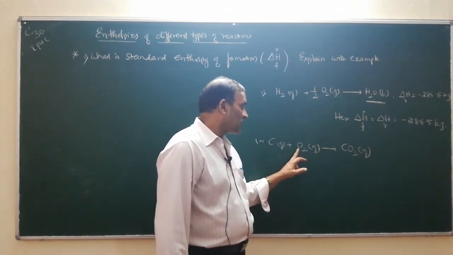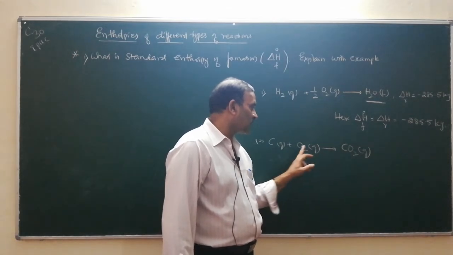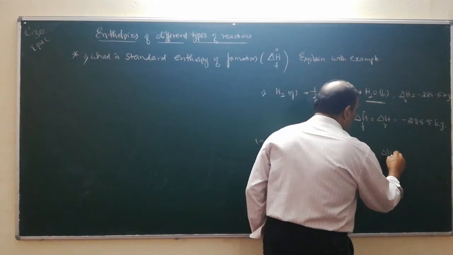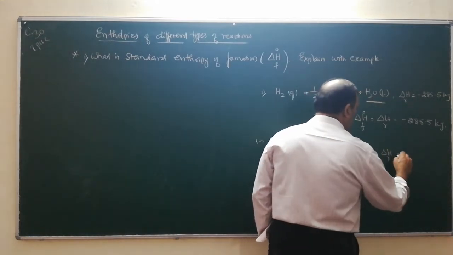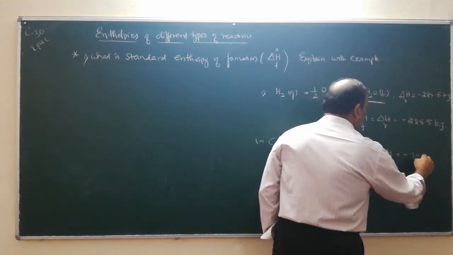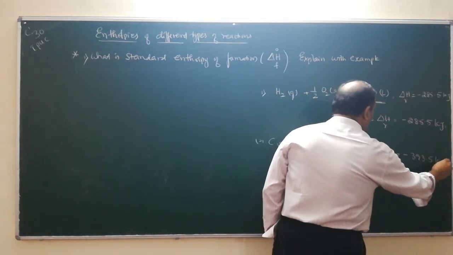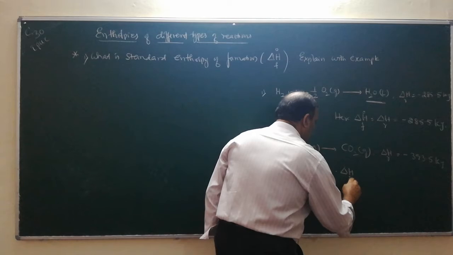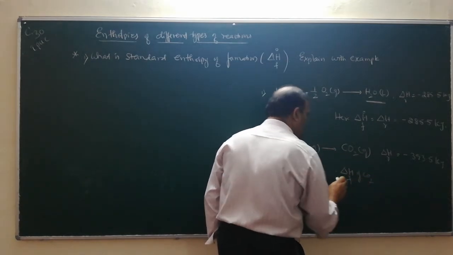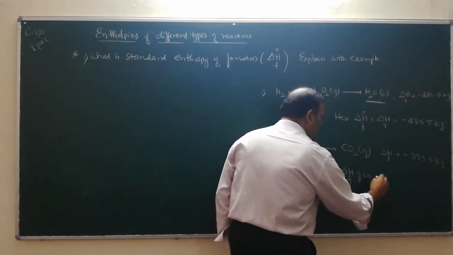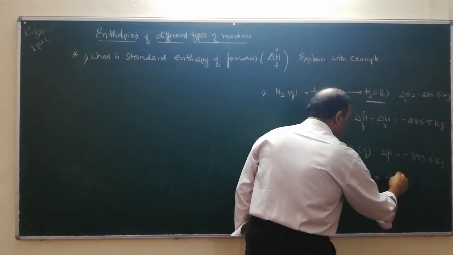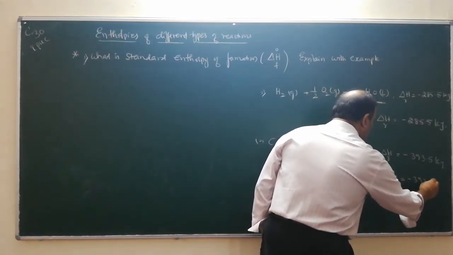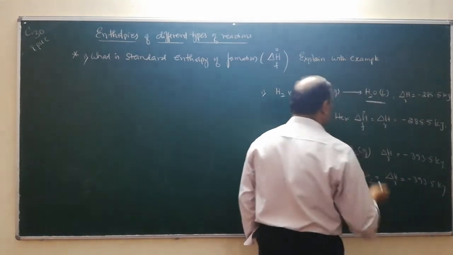Carbon and oxygen are the elements of carbon dioxide. Therefore, what is delta HR? The enthalpy of this reaction equals minus 393.5 kilojoules. Therefore, delta HF of CO2, the enthalpy of formation of CO2, is also equal to the enthalpy of this reaction, that is minus 393.5 kilojoules.